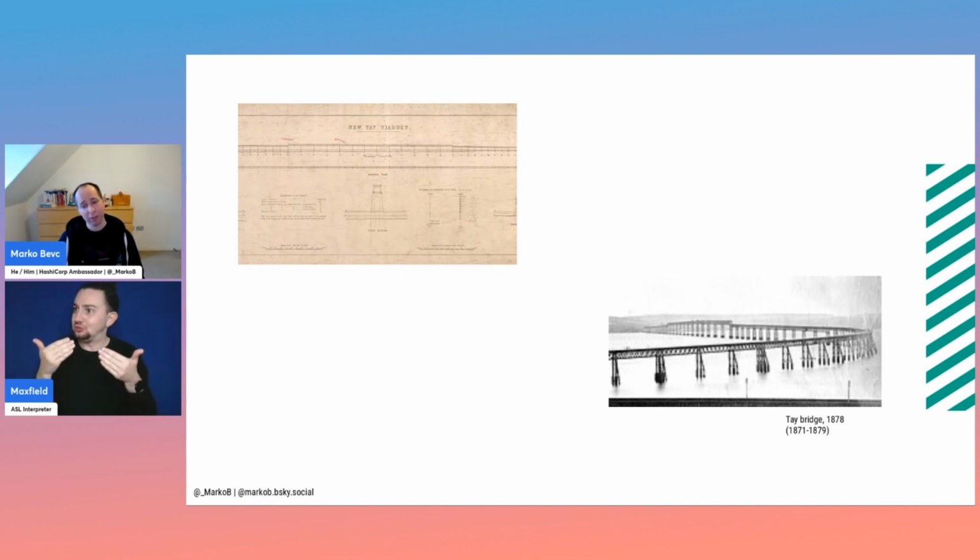And just a year after it was opened in 1878, there was a horrible disaster where in December there was a big storm and the bridge collapsed during the high winds. It's hard to say if this could have been prevented, but with some additional testing, it definitely feels like huge disasters can be avoided, or at least the risk could be minimized.